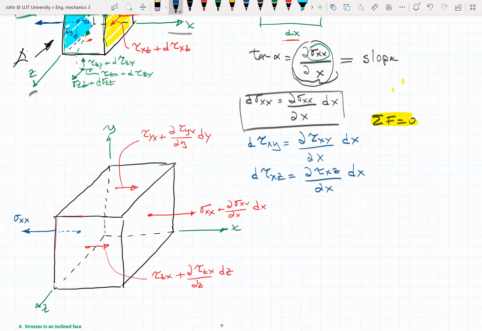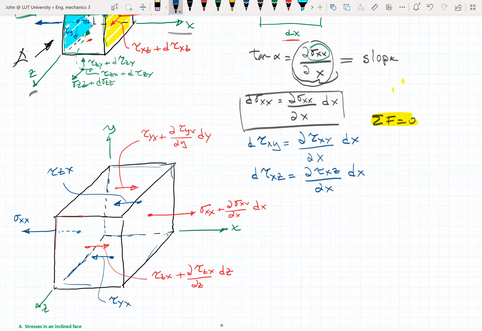In the bottom face, this one here, I'm going to have this shear stress, tau yx. And the last one is in the opposite face, the one that is behind everything, this one here, and this is going to be tau zx. Yes, these are all the stresses acting in the x direction.